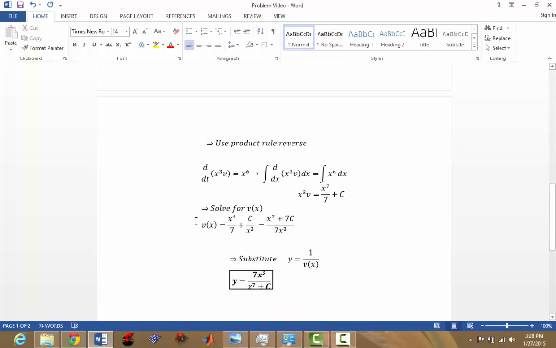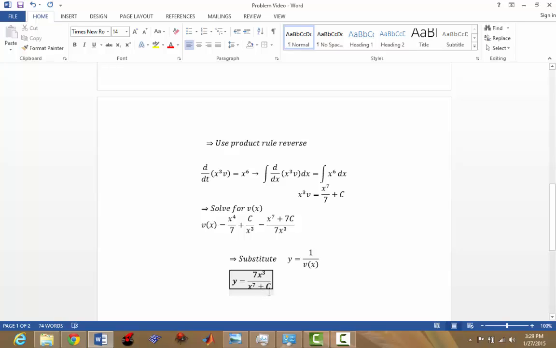And then we take this equation and substitute for y, to get our final result, which is 1 over v of x. Since v of x is in the denominator over here, this would be the reciprocal, and this would go into the numerator, and the result would become 7x cubed over x to the 7 plus c.